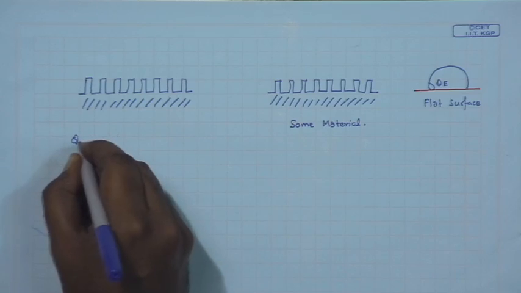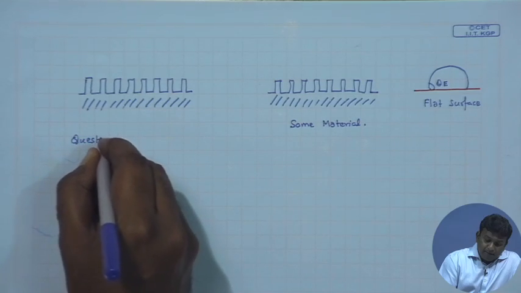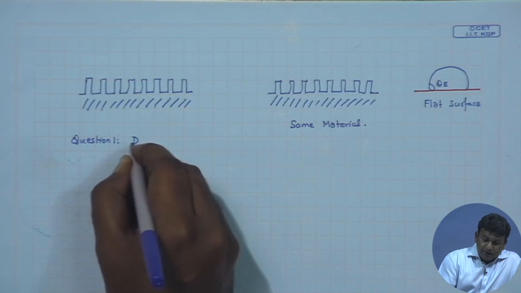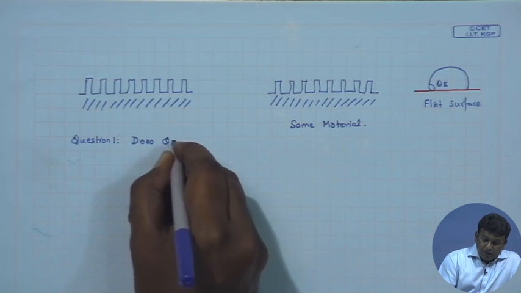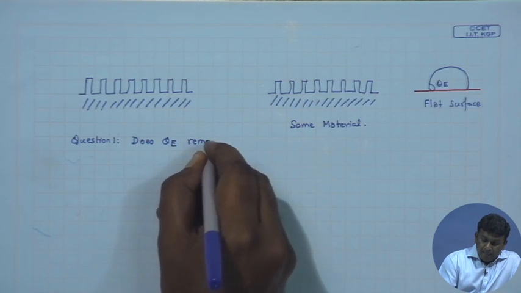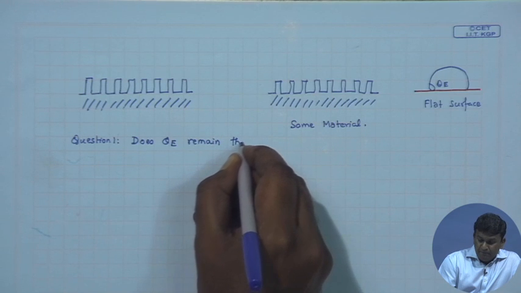Now, the question to ask is, if you dispense a drop of liquid on these structured surfaces, question number 1, does theta e remain the same?